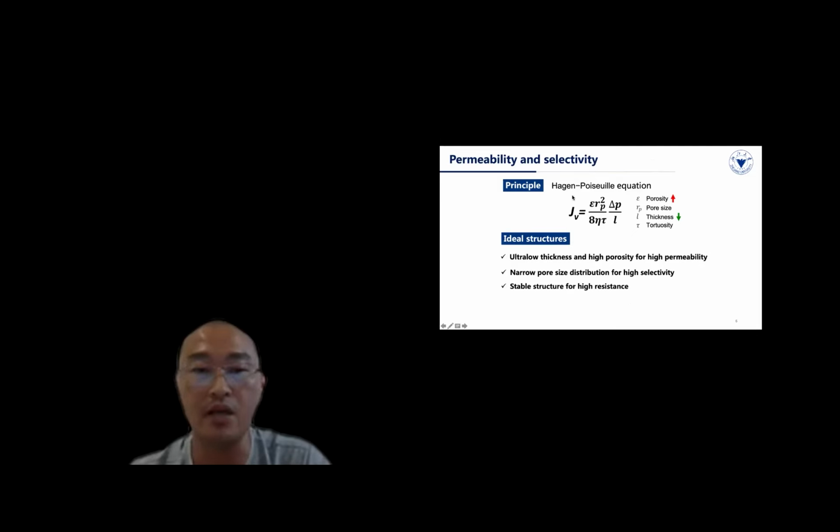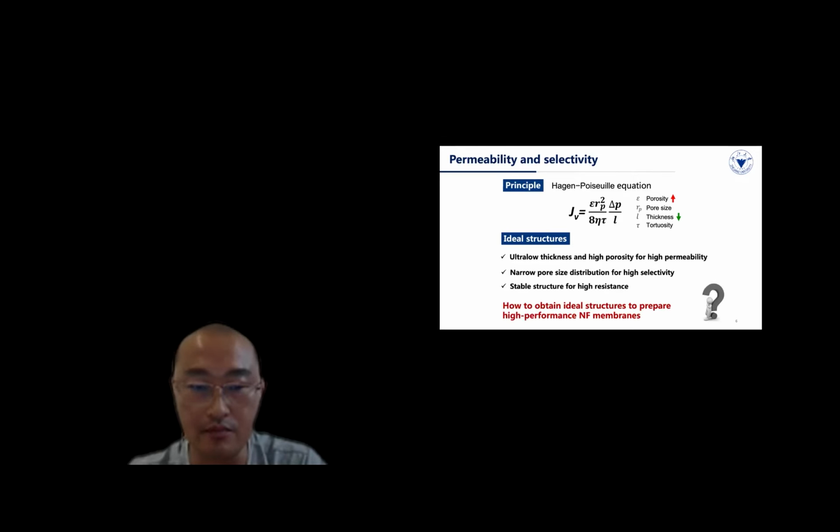So if we want to get a membrane with good performance, we should make this membrane have high porosity and narrow pore size, lower the thickness. So we can summarize some ideal structures: ultra low thickness, high porosity, narrow pore size distribution, and stable structure.